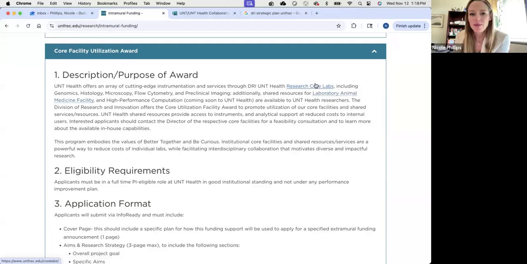So the research core labs, which include, of course, the genomics core, histology, microscopy, flow, and the preclinical imaging resources. And then DLAM is another shared resource. So this could be an opportunity to capitalize on use of our laboratory animal facilities. And then our high performance computation resources are currently being built out.